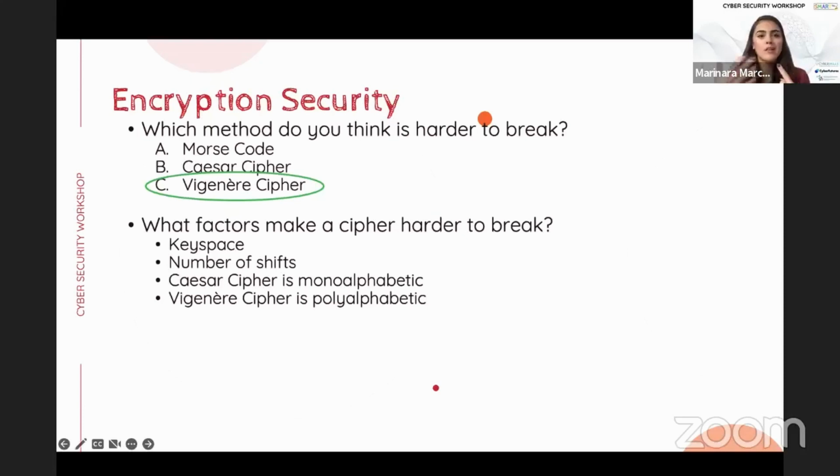For the Caesar cipher, there are 25 different possibilities. But for the Vigenère cipher, there are a lot more. So the factor that makes a cipher harder to break is the key space. The number of shifts in the Caesar cipher doesn't make it harder. It just means you need to shift a little bit more.